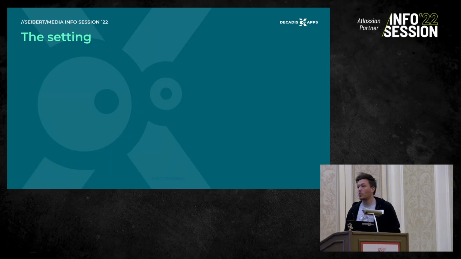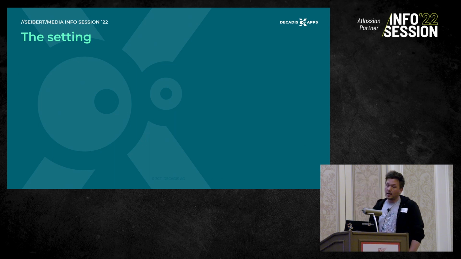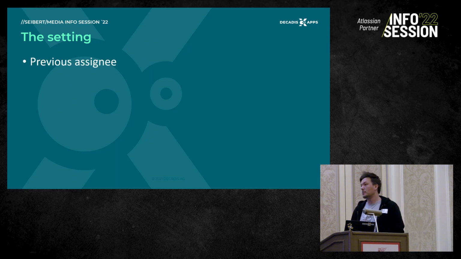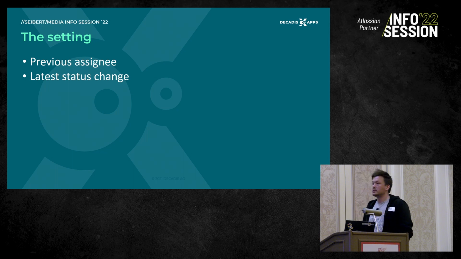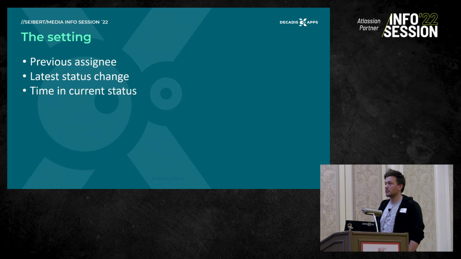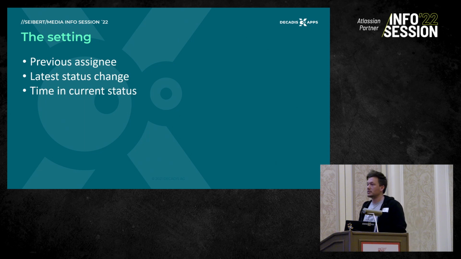That said, we have to realize that sometimes very simple or basic pieces of information are difficult or even impossible to access in default Jira. For example, questions about the previous assignee of an issue, the timestamp of the latest status change, or the time an issue is in its current status.